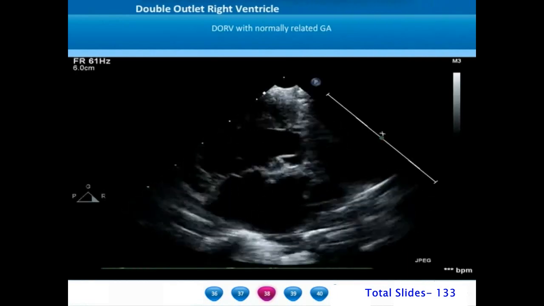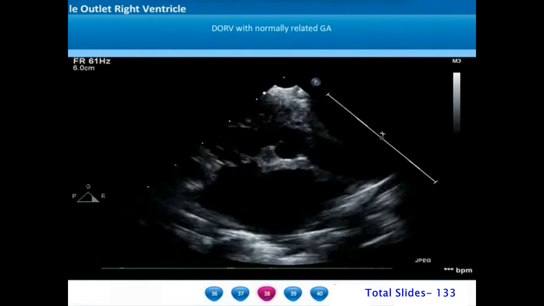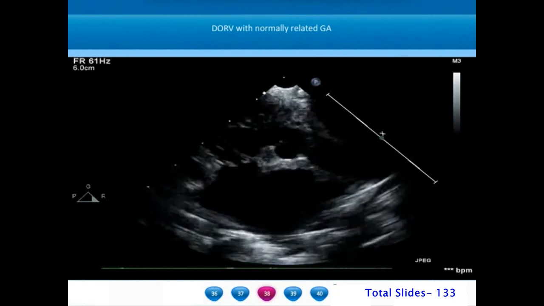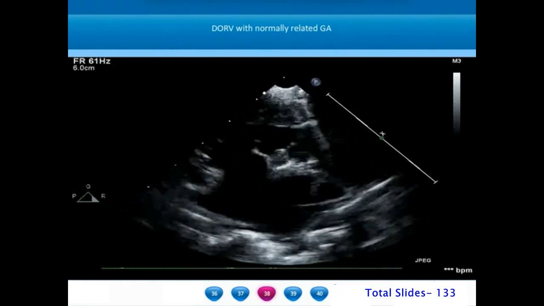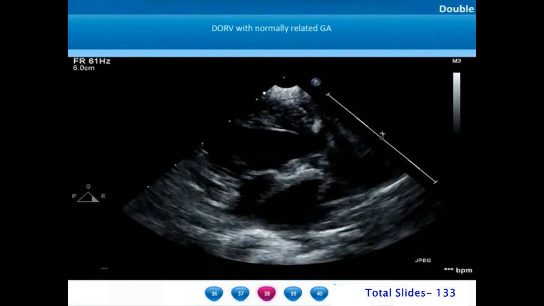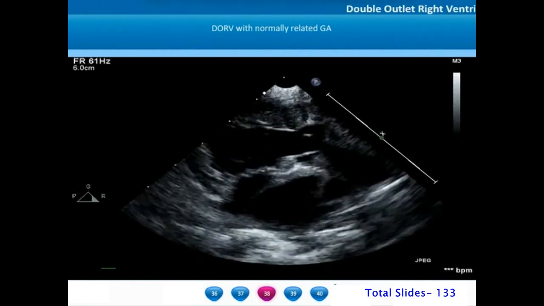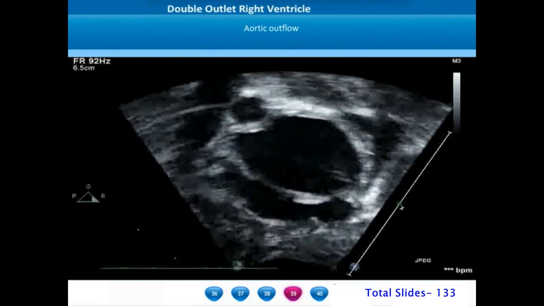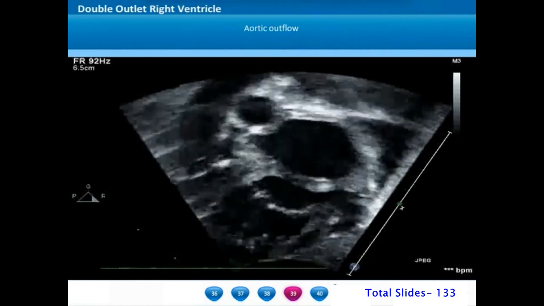This is a parasternal view of a patient with a double outlet right ventricle. We are able to see the tricuspid valve, the right ventricle and the aortic valve. In fact, the left ventricle is not shown here at all, and so the VSD is also not shown. On a subxiphoid short axis view, we are able to appreciate the aorta arising from the right ventricle.